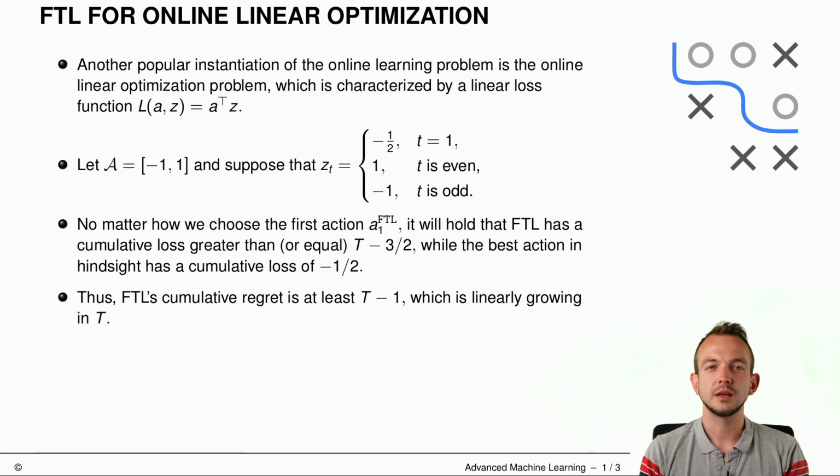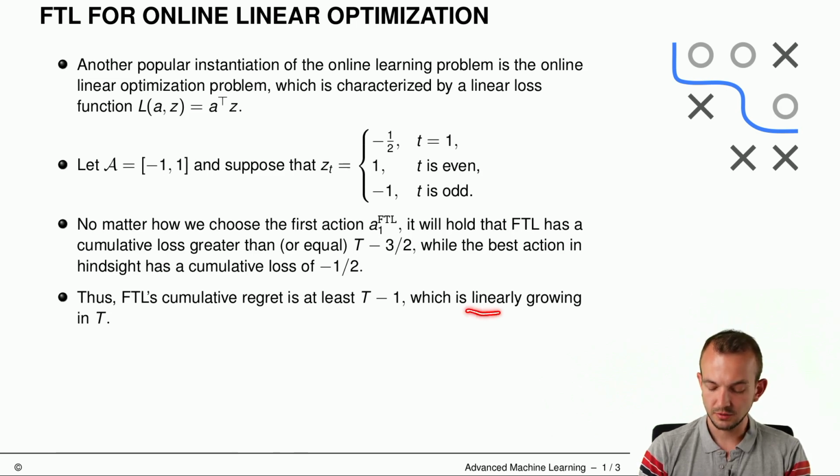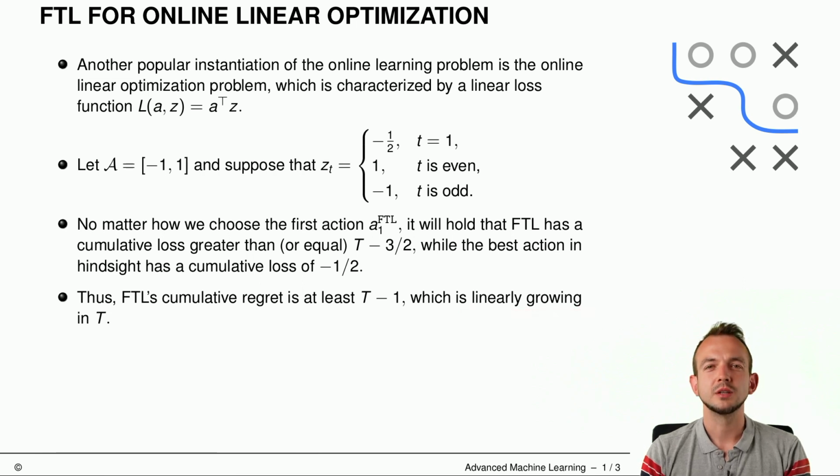And this is exactly what we don't want in the online machine learning world. We want an online learning algorithm which has a regret guarantee which is sublinear, so growing slower than linear with respect to the time horizon t.